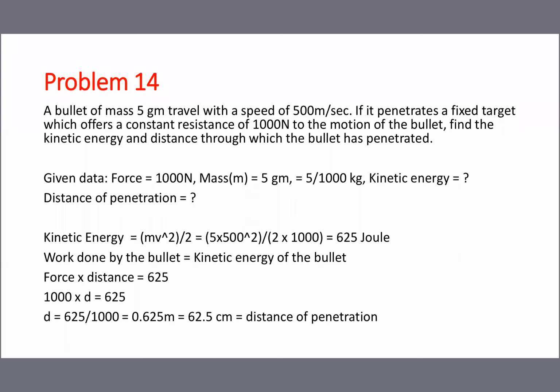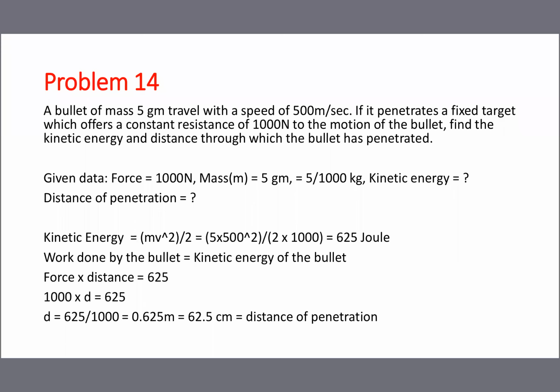Mass, you substitute 5 divided by 1000. Velocity, you substitute 500 into 500, 2 times 500. So half into 5 divided by 1000 into 500 into 500, you will get 625 joule. So that is the kinetic energy we calculated.